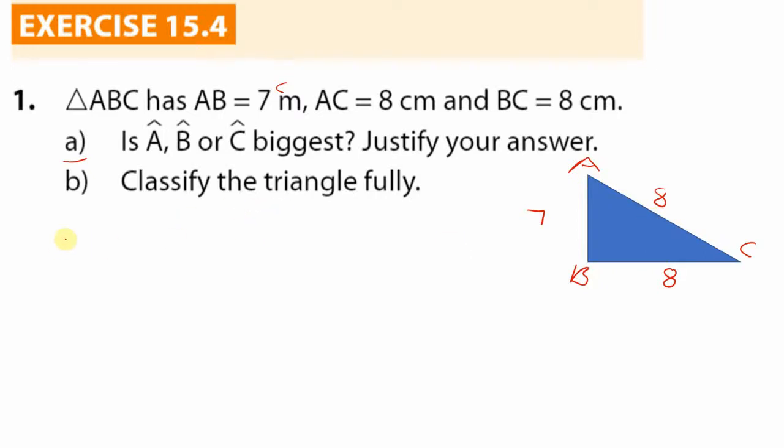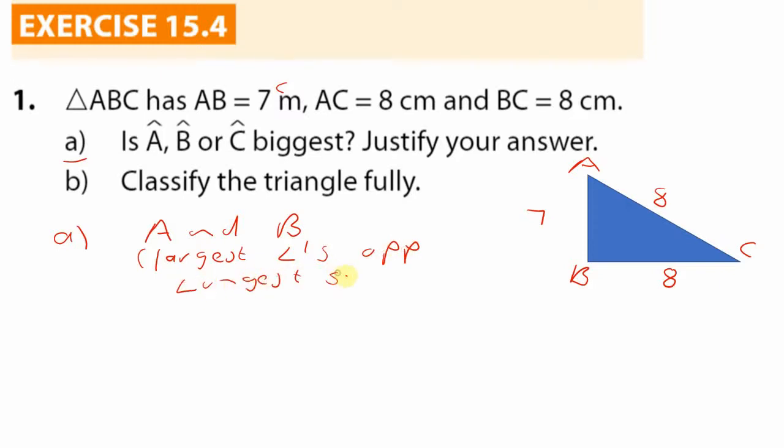So for A, the answer will be A and B are the biggest angles. Reason is largest angles opposite longest sides.